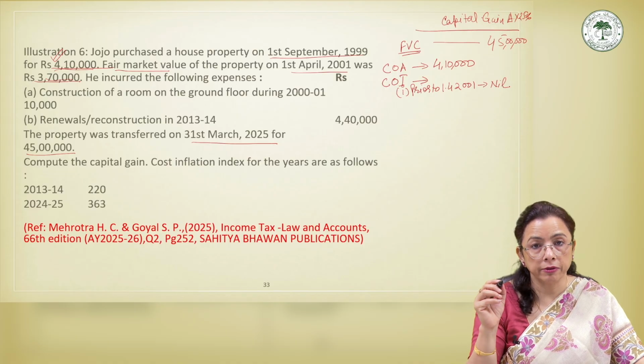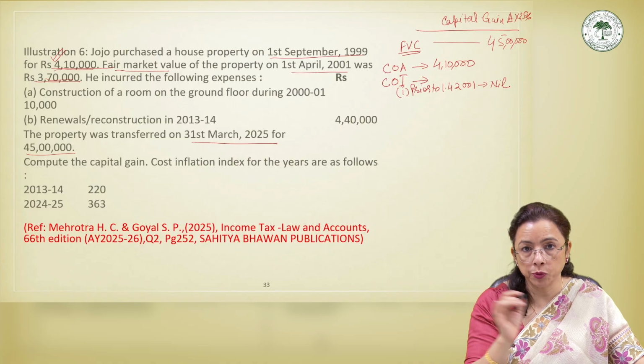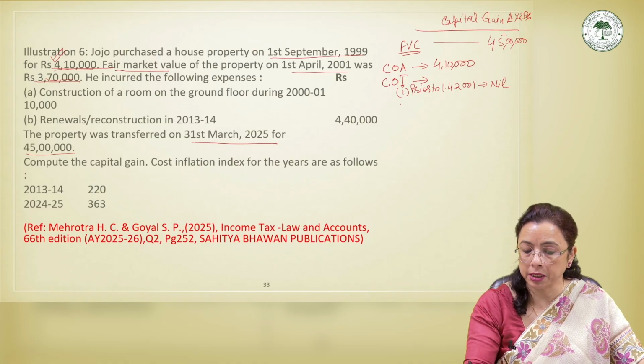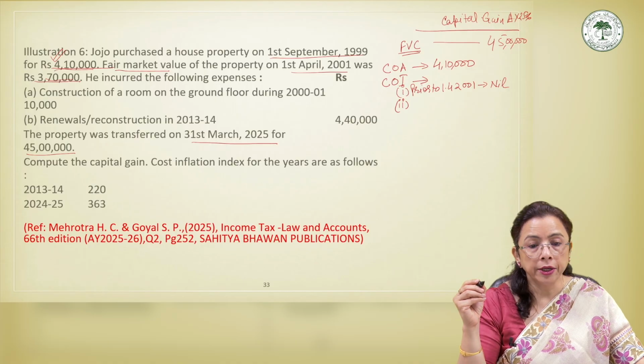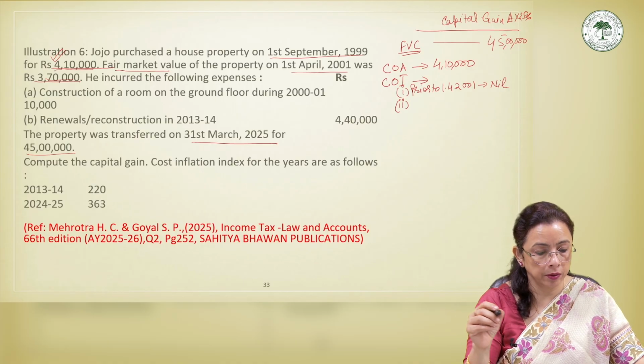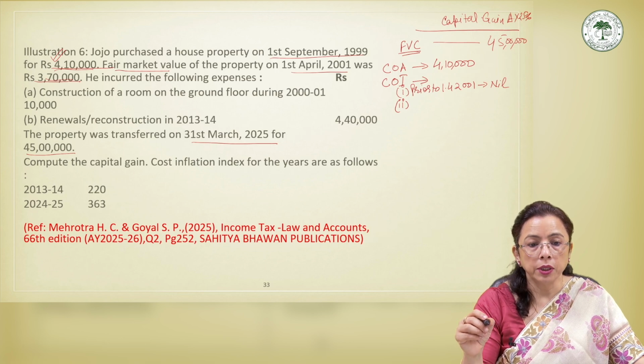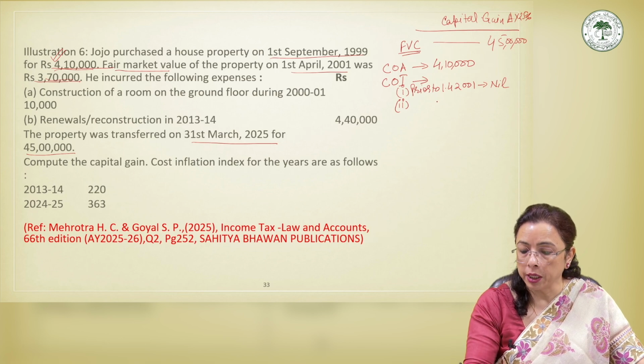That value is never considered. I hope you remember these points which we discussed in the previous session. The second point talks about the renewal or reconstruction, which occurred in the year 13-14, for rupees 4,40,000.